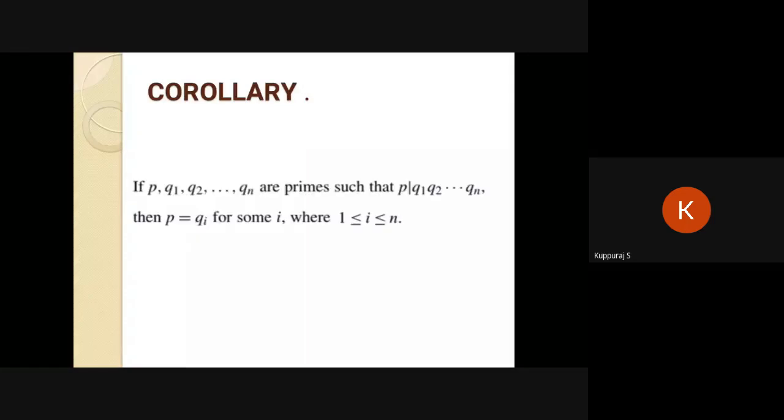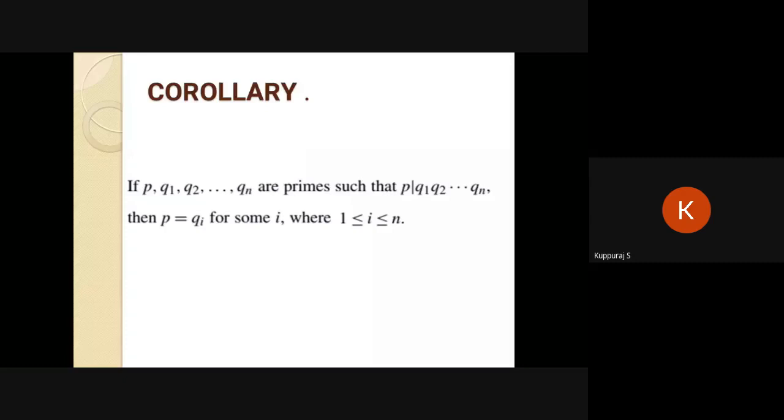The corollary. This is an important corollary. By using this corollary, we are going to prove the theorem. In the previous two lemmas, A, B and A1, A2, up to An are integers. But in this corollary, P is a prime, and Q1, Q2, up to Qn are also primes. If P divides the product of n primes, then definitely P must be equal to one of the primes, say Qi for some i.